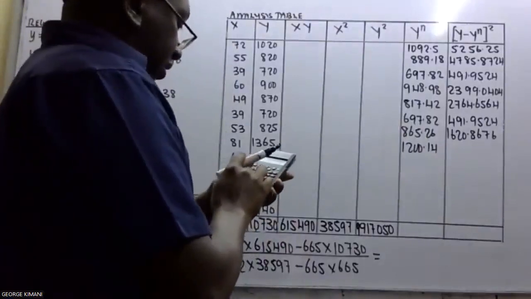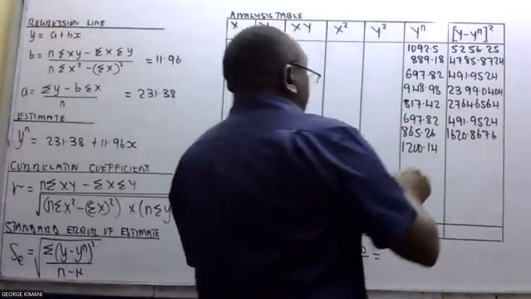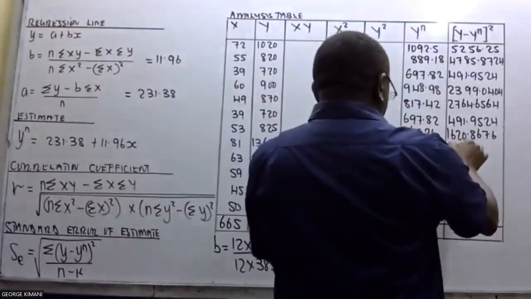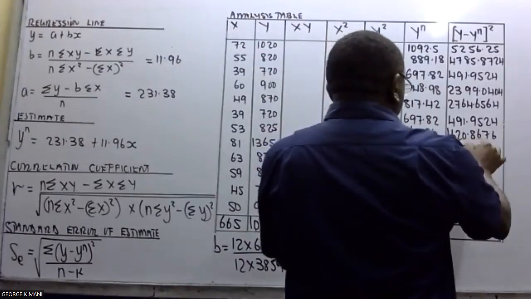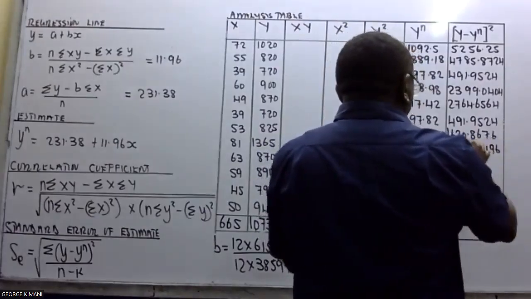Now 1365 minus the answer is 27,178.8196.